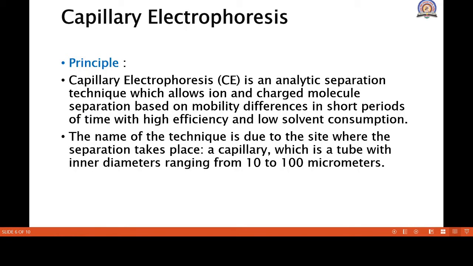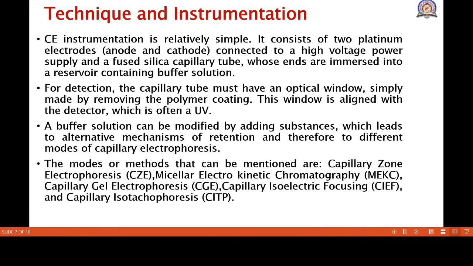The name of this technique is due to the site where the separation takes place: a capillary, which is a tube with an inner diameter ranging from 10 to 100 micrometers. So it is very small. So that capillary is used. That's why the name is capillary electrophoresis.